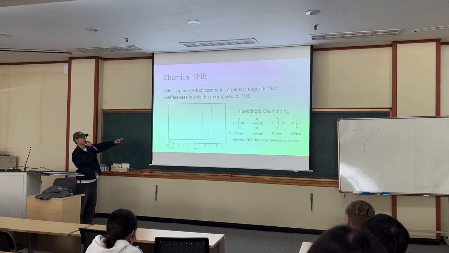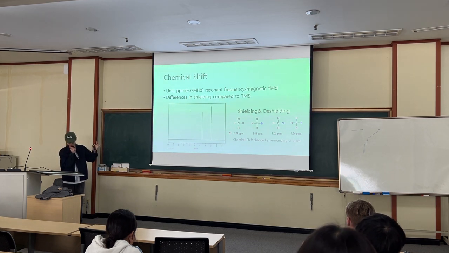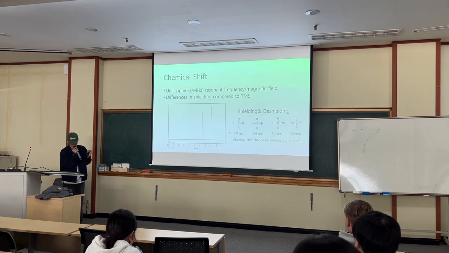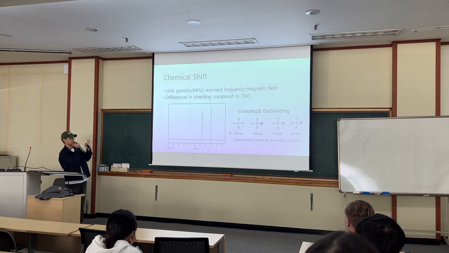In this example on the right side, halogen atoms attract electrons because they have large electronegativity. As a result, around the hydrogen atom, there are fewer electrons. Chemical shift becomes larger as electronegativity is larger.